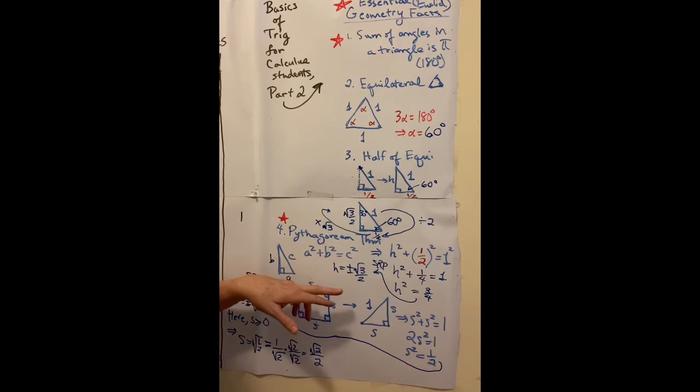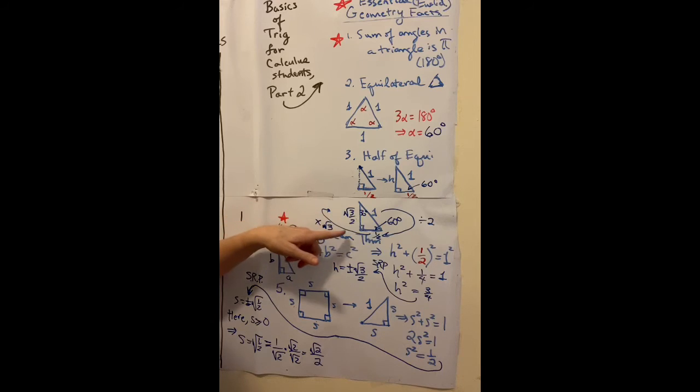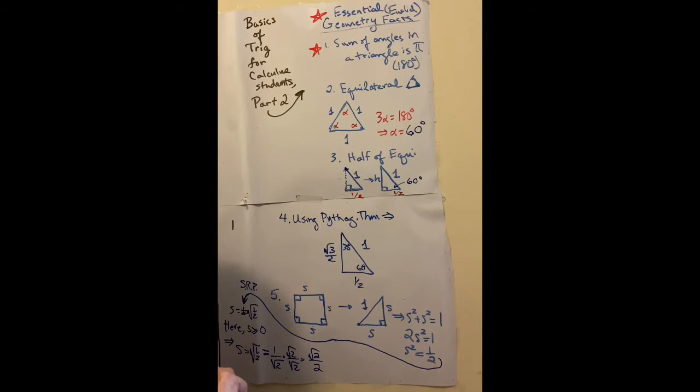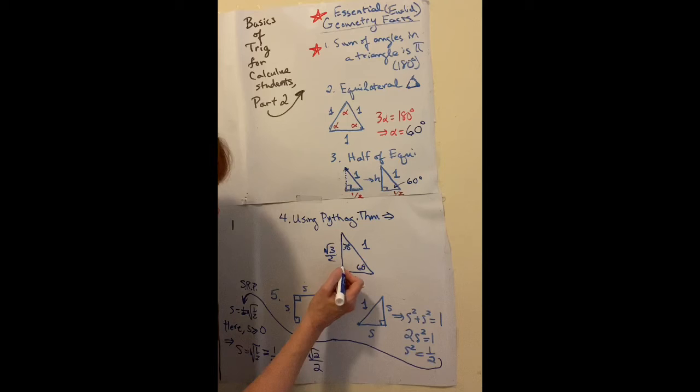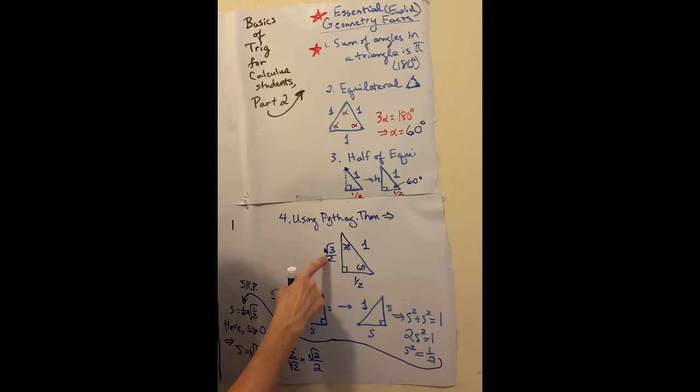So now we have a 60-60-60 triangle and a 30-60-90 triangle. Using the Pythagorean theorem, the 30-60-90 triangle always has these proportions. If 1 is the hypotenuse, the short leg is a half of that, and the long leg is the square root of 3 over 2. So you need to have that always at the ready.